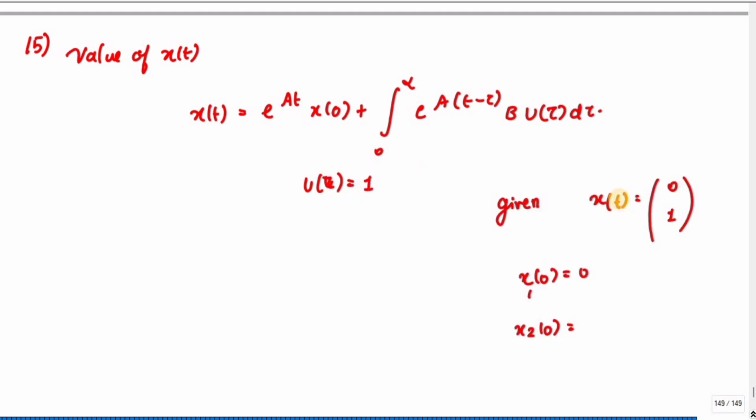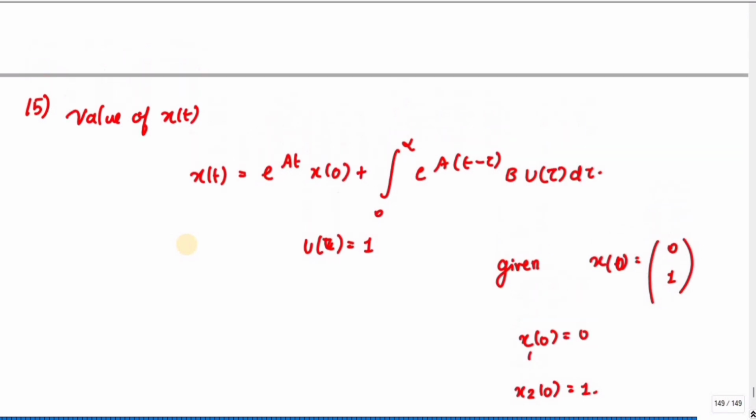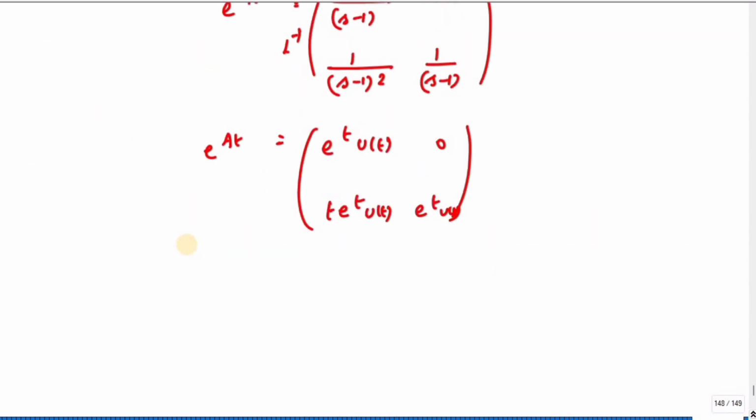And you know that u of tau is 1. They have given u of tau value is 1. Next they have given x of 0 is equal to 0, 1. So x1 of 0 is 0, x2 of 0 is 1.